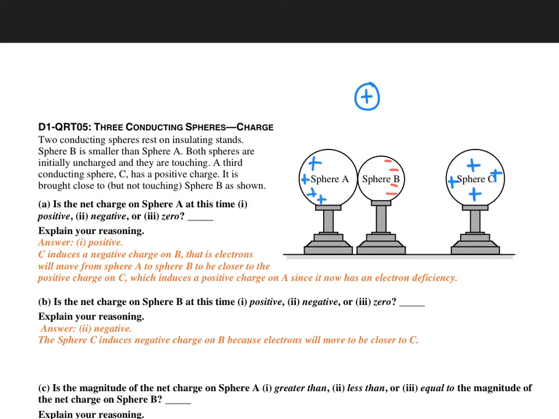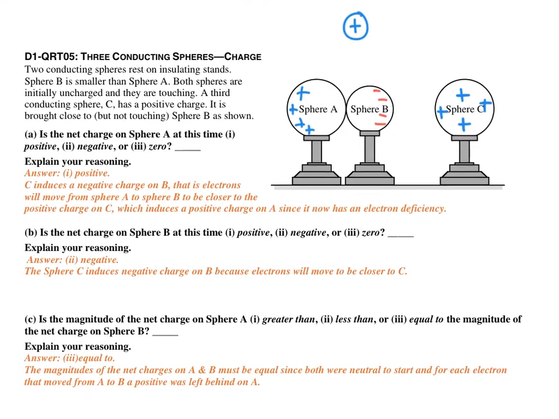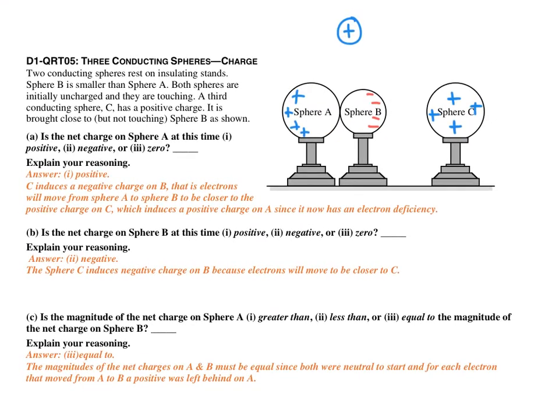Okay? Has to be equal. And the simple answer would be for each electron that moved from A to B, a positive was left behind on A.